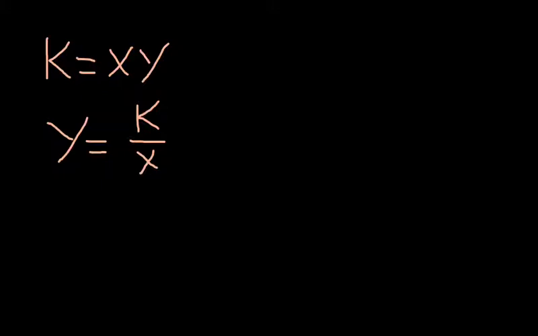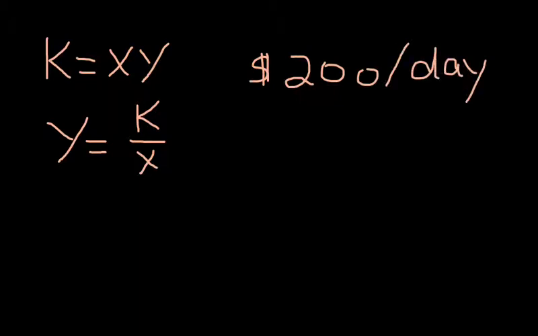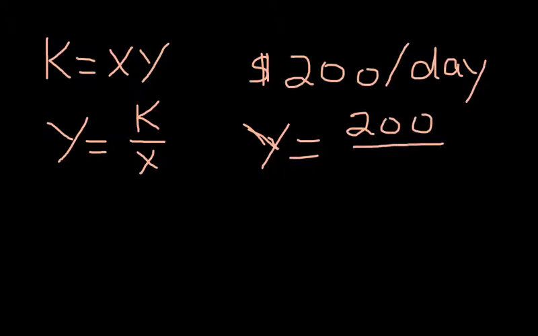We could say, what if our cost to rent a condominium was $200 per day? And we wanted to break this down and say, how much was it going to cost per person to rent this condominium? So using our formula to the left, we could say that y, the cost, would be equal to $200, our cost per day, divided by the number of people.